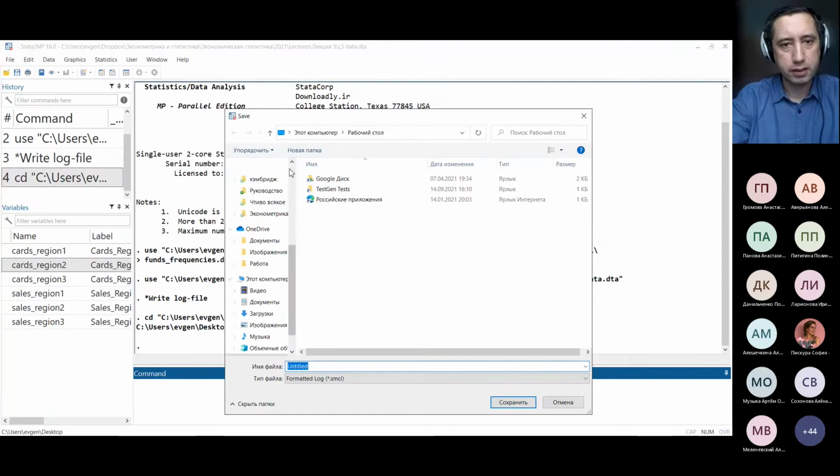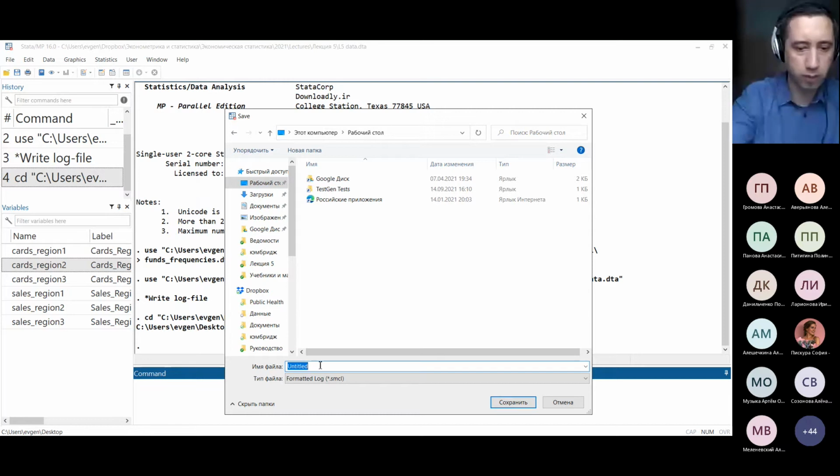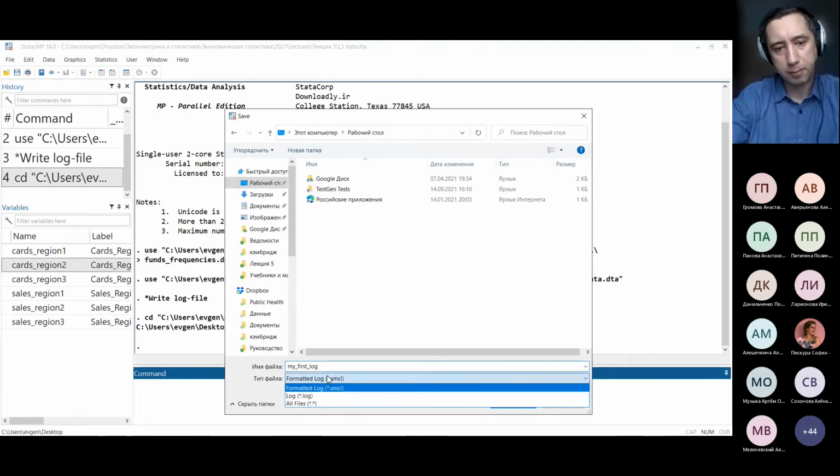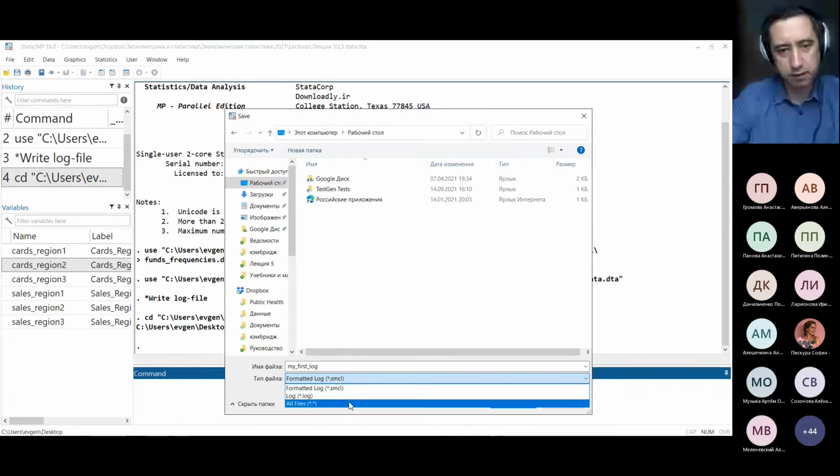Then set, for example, I want to save my log file here and write its name, my first log. Don't click Save yet. File type. You can set SMCL, log, or all files.